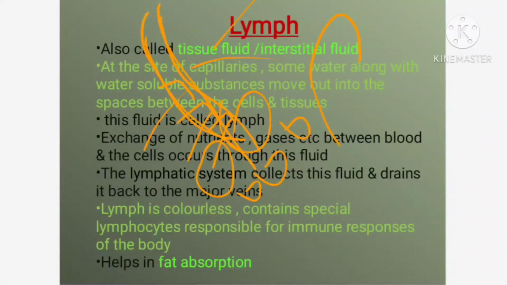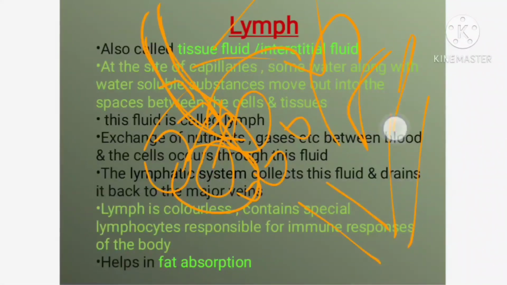These lymphatic vessels collect from the tissue fluid the materials which have to be excreted, and they supply them into the veins. Among blood vessels there are veins, arteries and capillaries. Capillaries are small. So, to the veins they are draining this out.